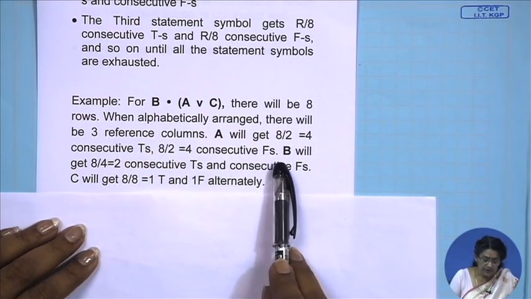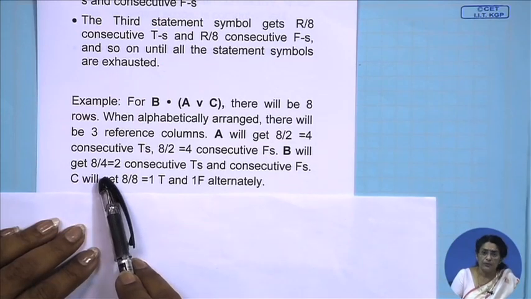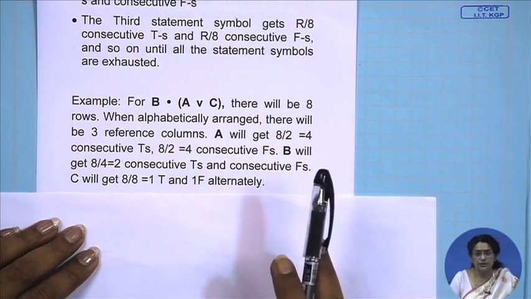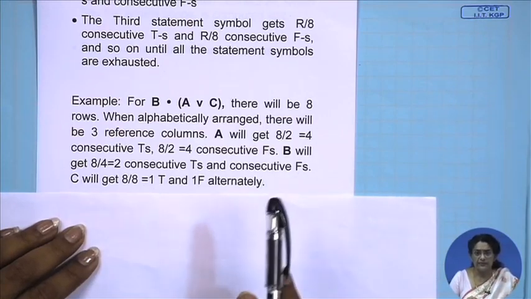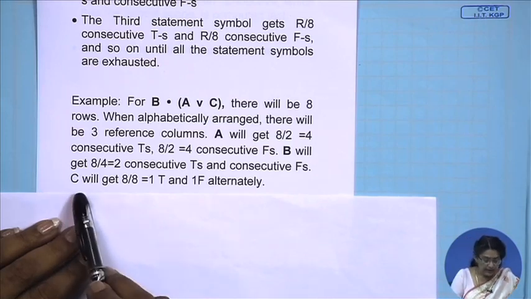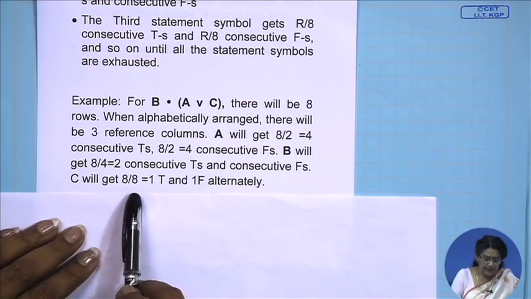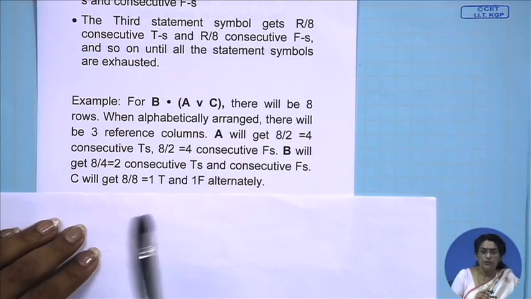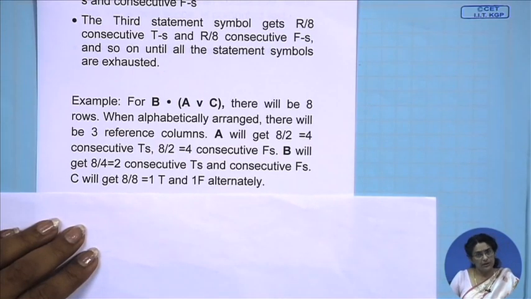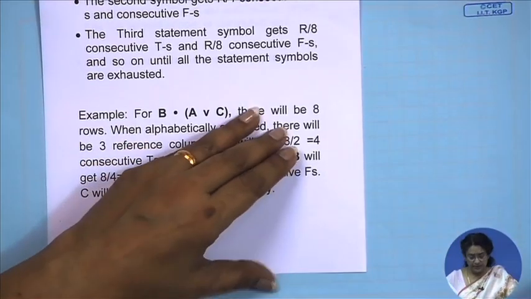The second symbol is going to get 8 by 4, that is 2 consecutive T's and 2 consecutive F's. So, T T F F, T T F F, until you exhaust all 8 rows. And the third one will get 8 by 8, that is 1 T, 1 F, so alternately T F until you exhaust the 8 rows. We will show you examples.